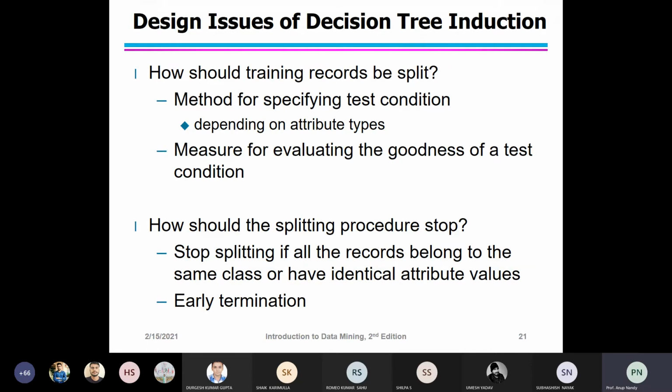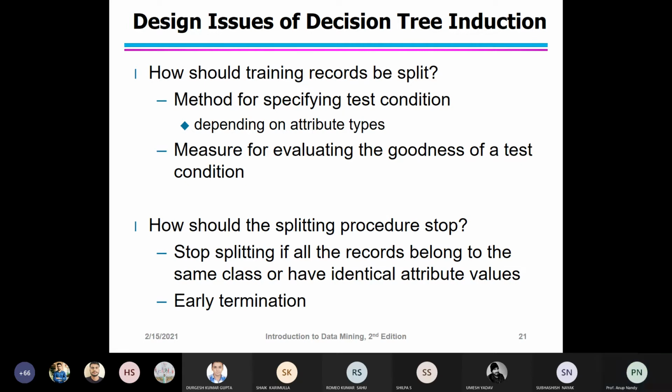Now a possible strategy is to continue expanding a node until either all records belong to the same class or all the records have identical attribute values. I am repeating, a possible strategy you can apply is to continue expanding a node until either all the records belong to the same class or all the records have identical attribute values.